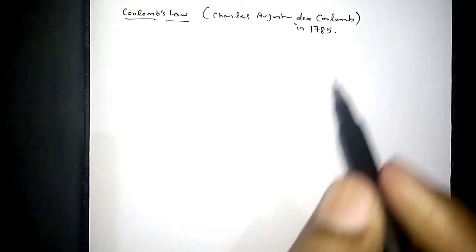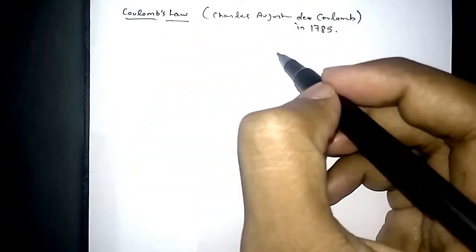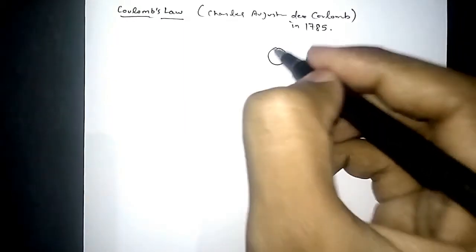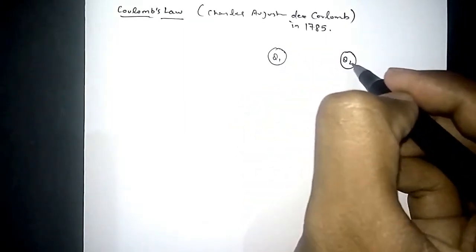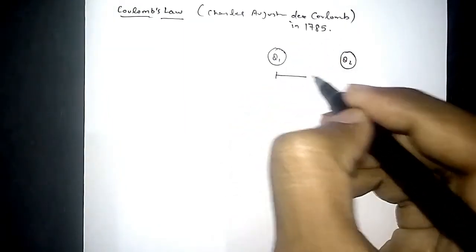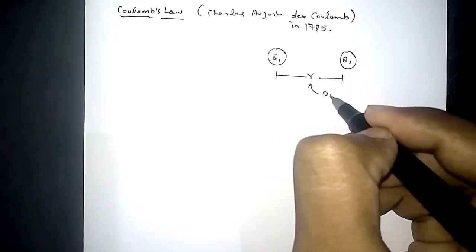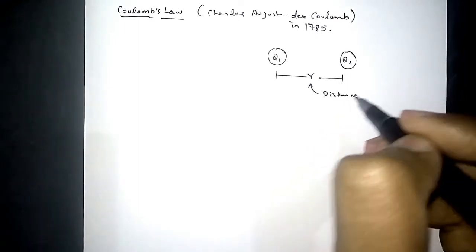So friends, Charles Augustin de Coulomb ने इस कूलम्ब्स लॉ को प्रपोज करने में बेसिकली दो चार्जेस लिए, let's say Q1 and Q2, and separated them with the distance r. This is the distance between both charges.